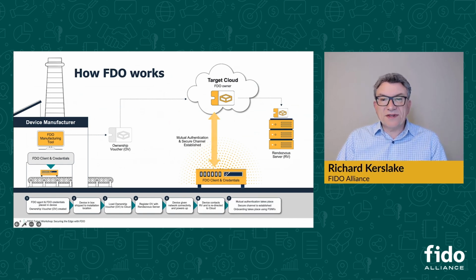Once the mutual authentication takes place, and again, that's cryptographically done, then a secure channel is established and onboarding takes place and you can do a multitude of things. And at which point, basically, you can start sending data between the device and the cloud.